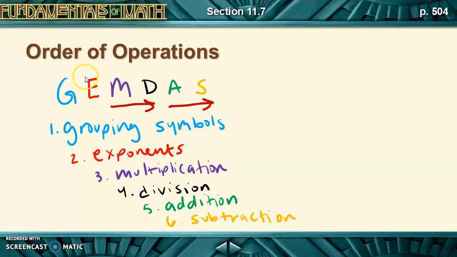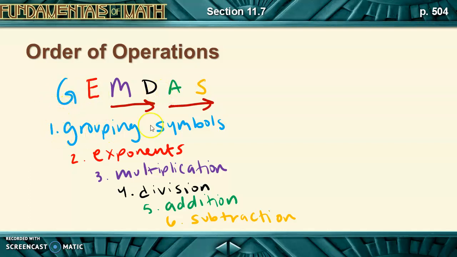So the order of operations in our class, I've always said it is GEMDAS. This is a little acronym to help us remember the order of operations, where each letter represents a different word or phrase that might help us keep in mind what order to do these things in.